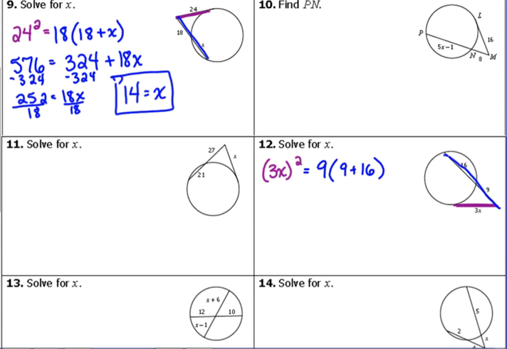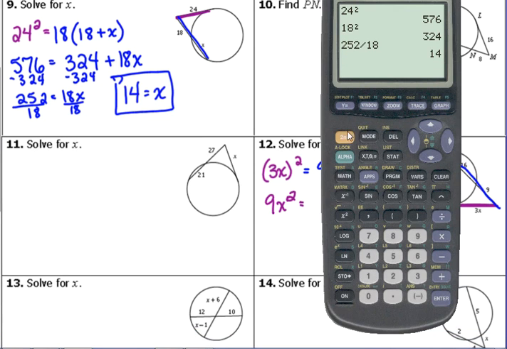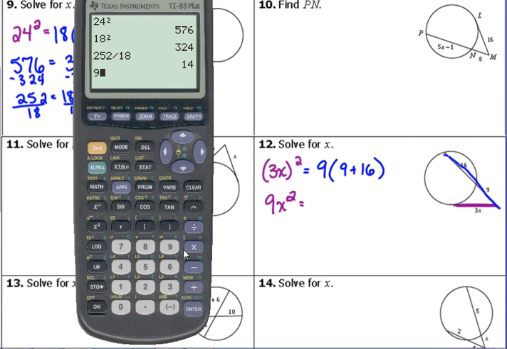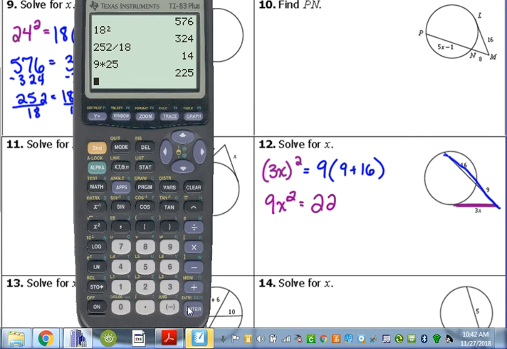So like I said, you got to square the 3 and you got to square the x. So that's 9x squared is equal to 9 times 25.